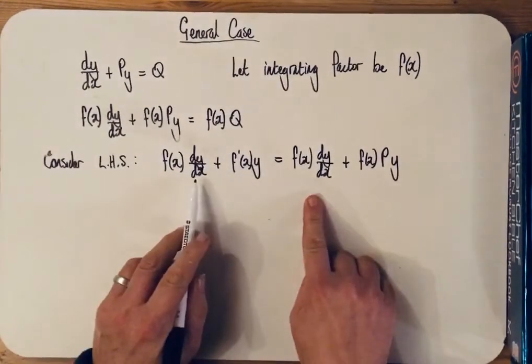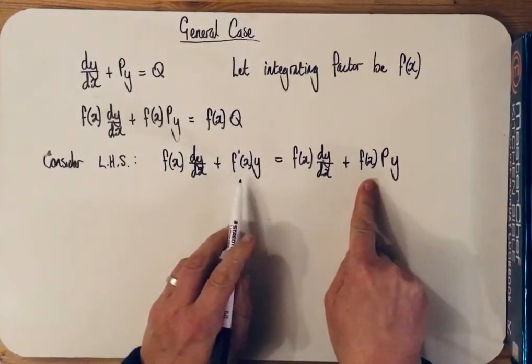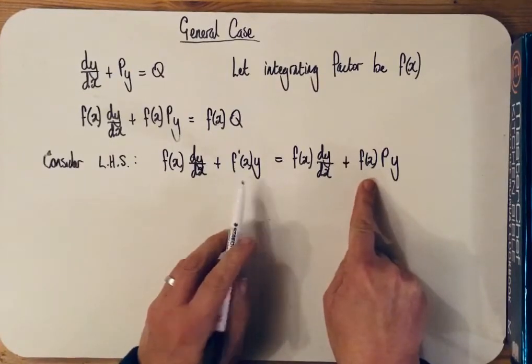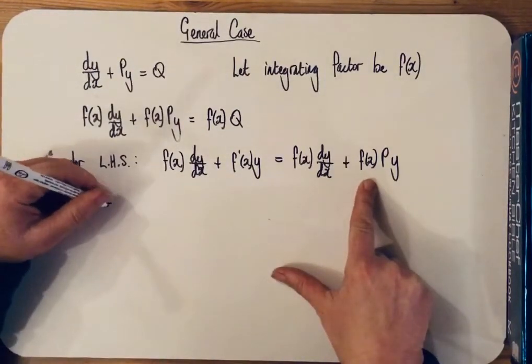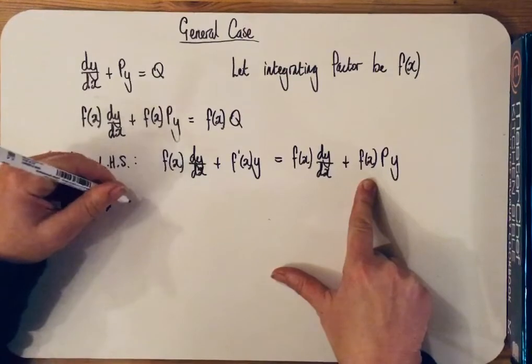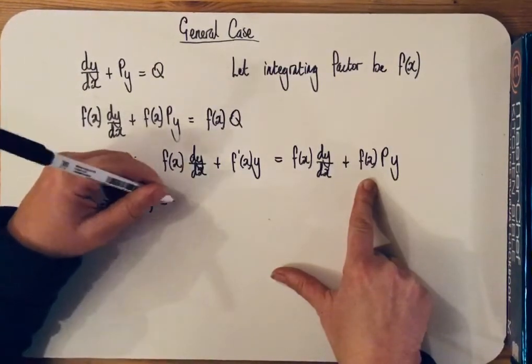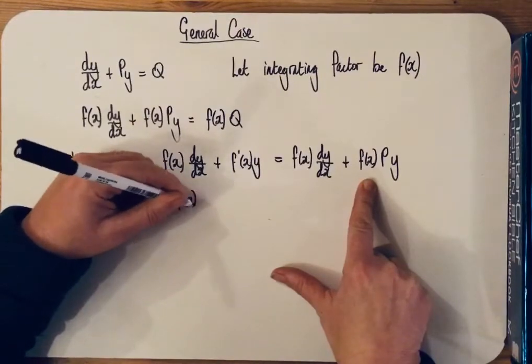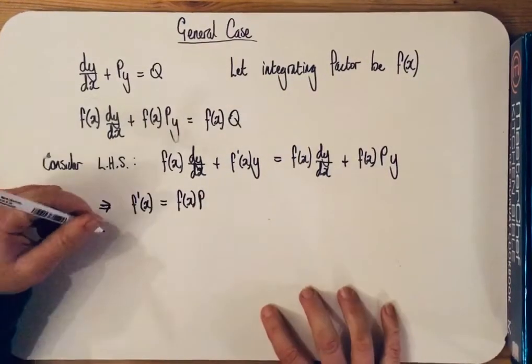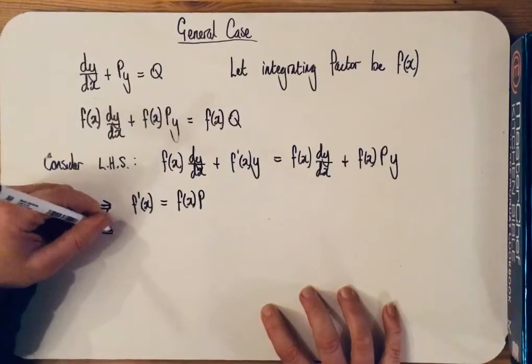This bit's fine. It's this bit here where we've got issues. So this implies that f'(x) needs to equal f(x) times P. Dividing by f(x) takes us to there.